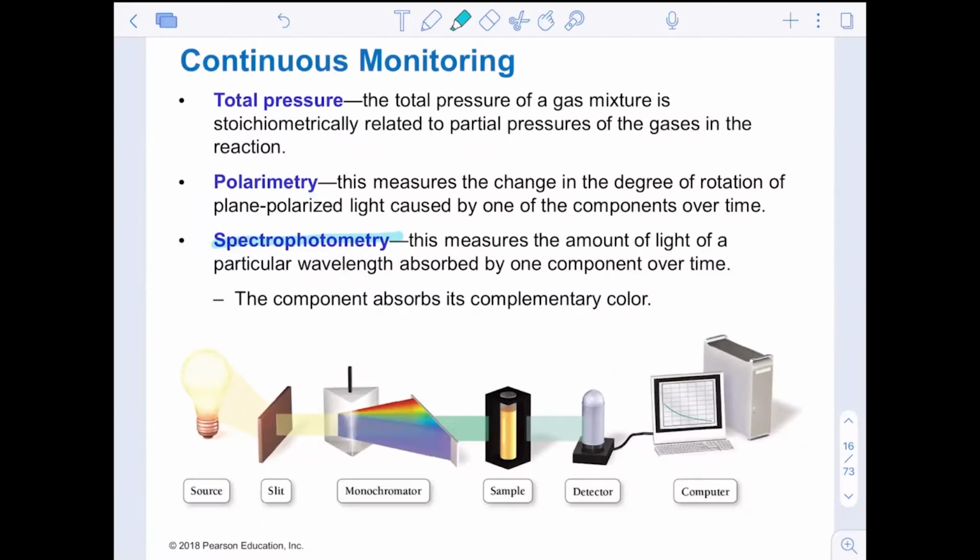Usually spectrophotometry is used for the visible spectrum. Then what we can do is stick our sample in a spectrophotometer, like this guy right here, and watch as a reactant, which absorbs light, diminishes, right? Or on the other hand, if a product absorbs a specific wavelength, we can measure the increase of the product over time, things like that.